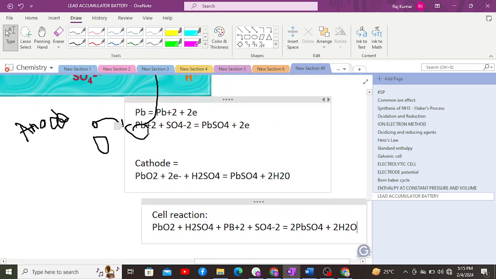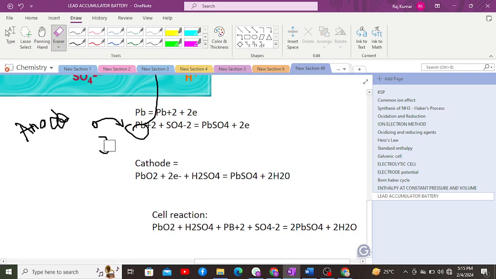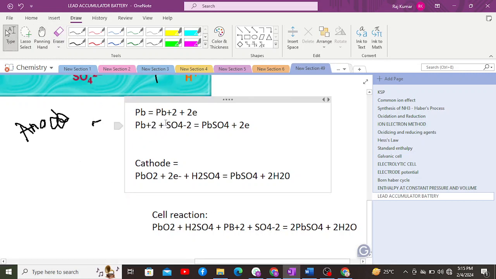Now let us recheck if there is any sort of error in it, so that if there is an error we can rectify it. Here, as we can see, there is one lead on that side, one sulfur, four oxygen. Yes, it is balanced. Now lead over here, one lead, one oxygen. Wait a minute, we have four oxygen over here, two oxygen over here, six oxygen.